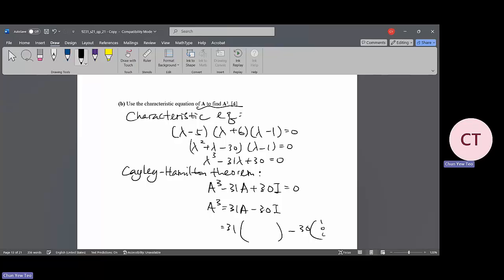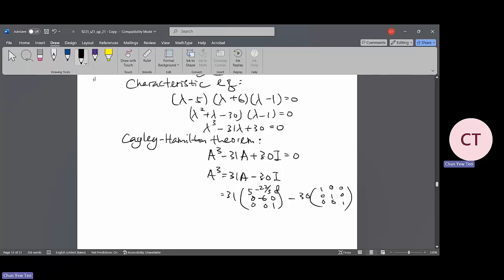So for 31A minus 30I, just write down the matrix. The identity is 1, 0, 0, 0, 1, 0, 0, 0, 1. Then matrix A is 5, 0, 0, 6, negative 22 over 3, and 8.